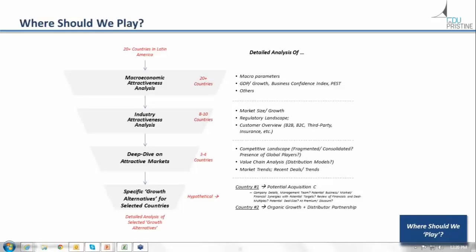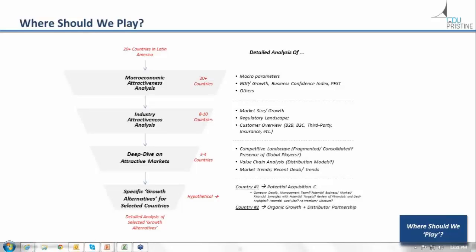And then you get to the second level where you get deeper into the industry attractiveness analysis, and that's where you look at how big the medical devices industry is in these shortlisted countries. Then taking that to the next level, you do a comparative analysis not just at the high-level medical devices industry, but one level deeper, the specific product categories that this client actually plays in, like heart valves, defibrillators, and so on and so forth.